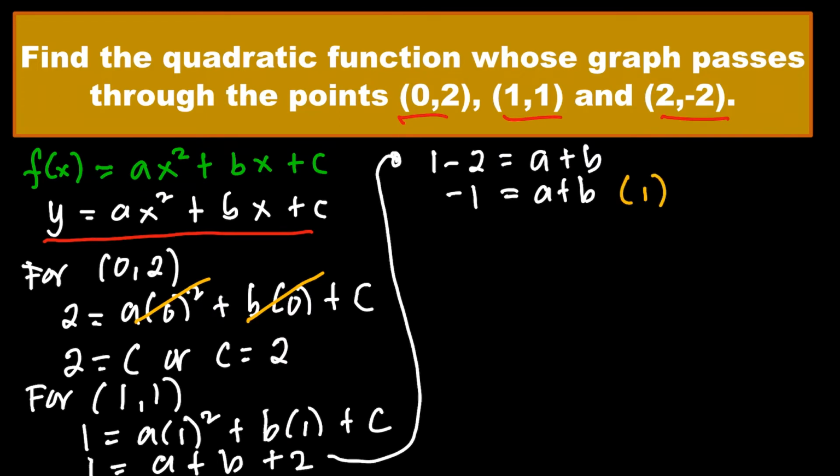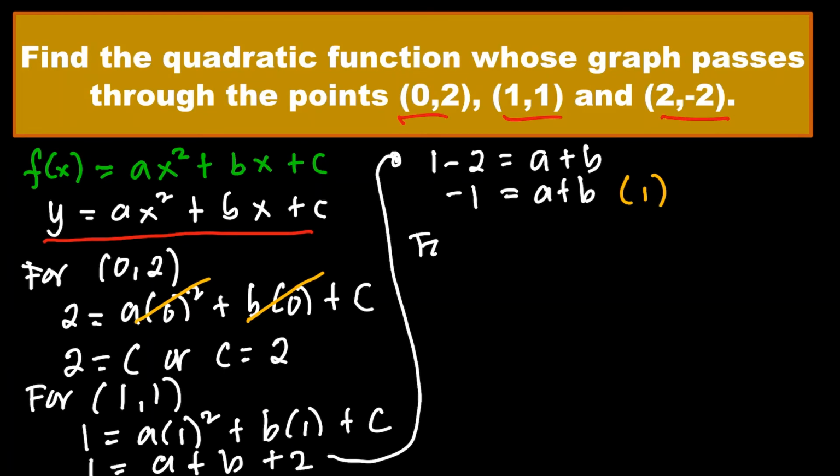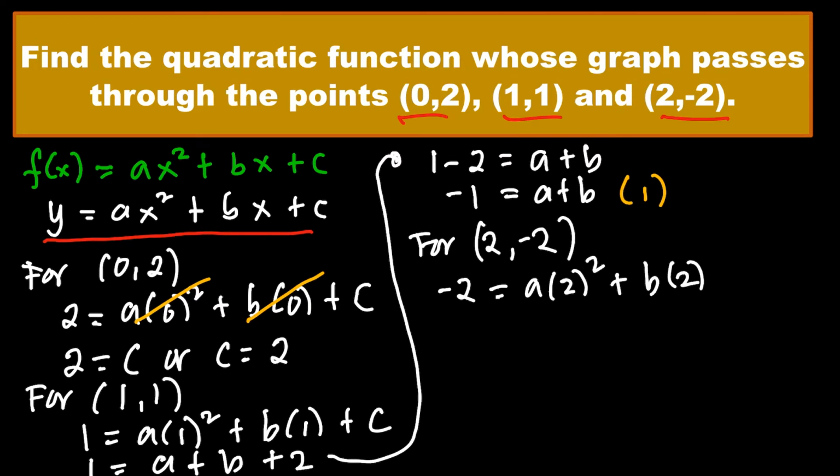Now for (2, -2). Our y is -2, so we have -2 = a times 2 squared, where 2 here is the x, plus b times 2 plus our c, which is also 2.